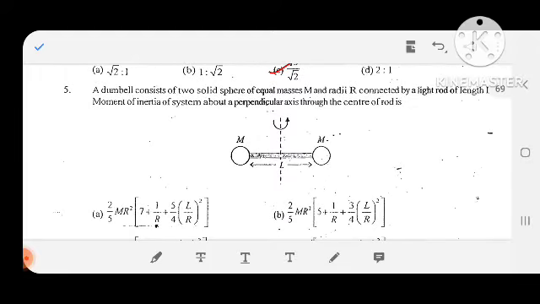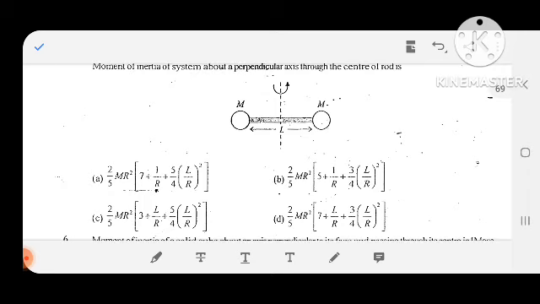Next, a dumbbell consists of two solid spheres of equal masses m and radii R connected by a light rod of length L. Moment of the inertia of the system about a perpendicular axis through the rod is, इसका आंसर होगा 2/5 mr² into (3 + L/R + 5/4 (L/R)²).